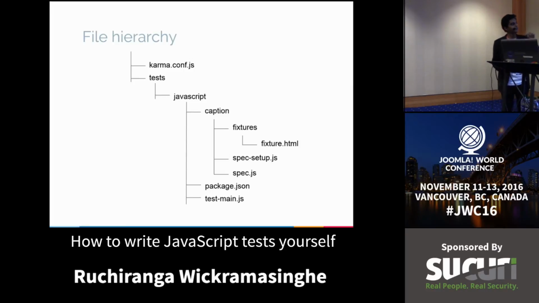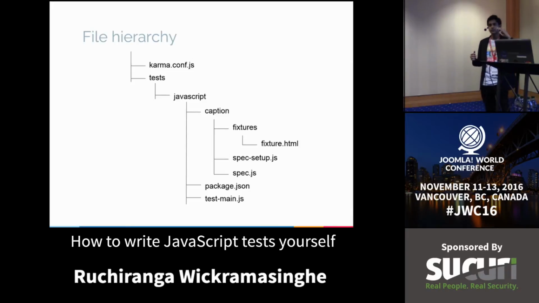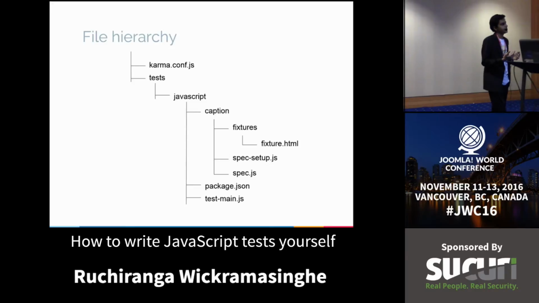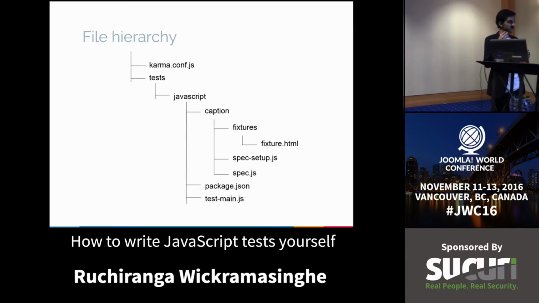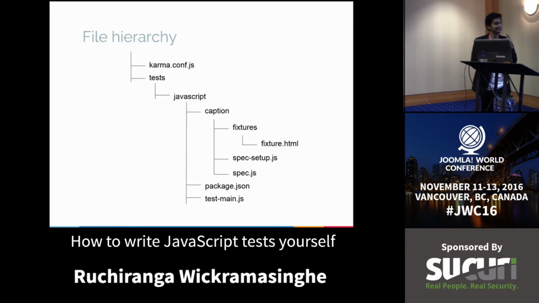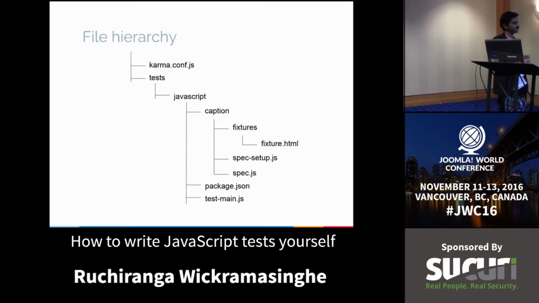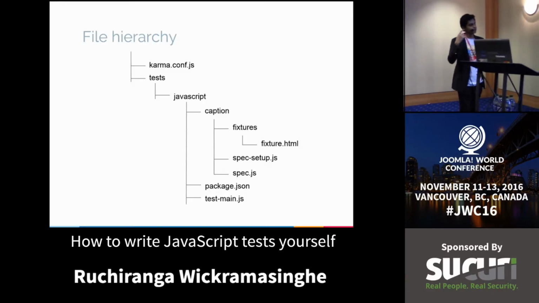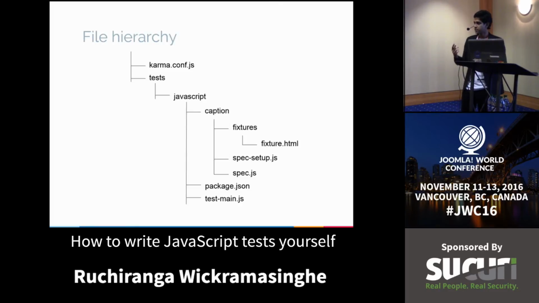So we had discussions with my mentors, and we came to a decision that we will have a directory named for each and every JavaScript library that we are going to write tests for, and inside that we will have 3 specific things which I will be telling you about in the next slide. And at the same level we have the package.json file and the test main.js file.